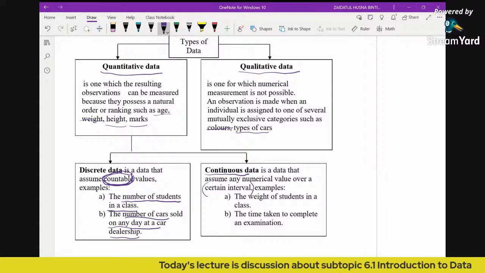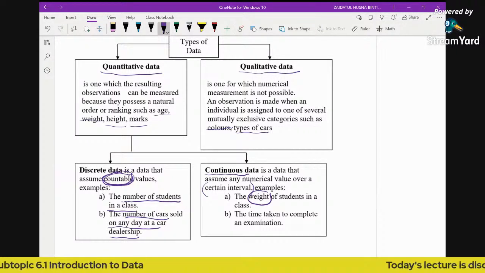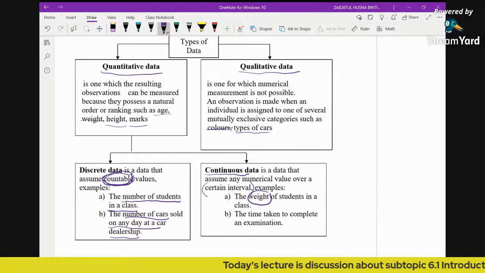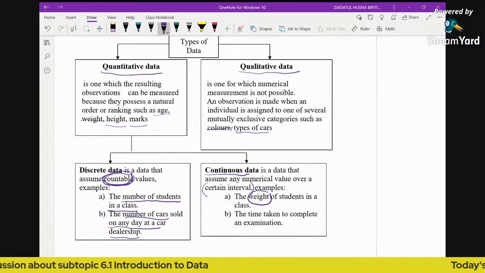Weight, you can have your weight 57.1, and tomorrow morning you weigh your body, if you are using a digital scale, you can find it's 57.0. So weight can take decimal values.